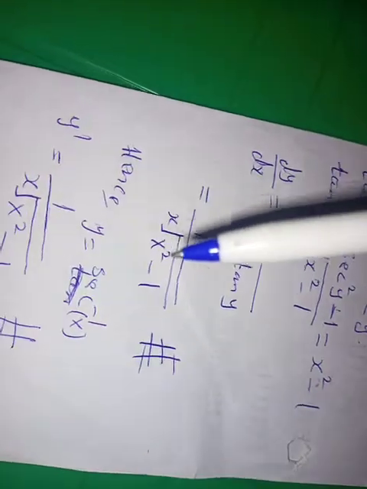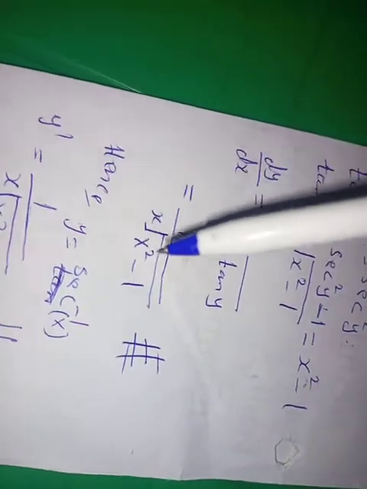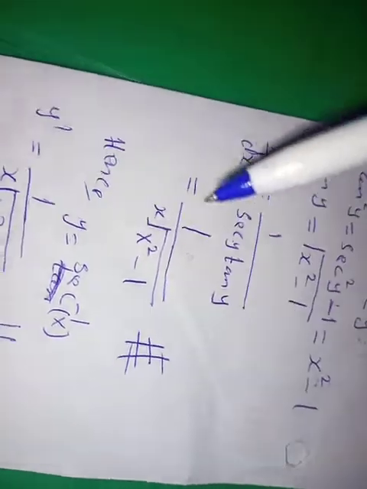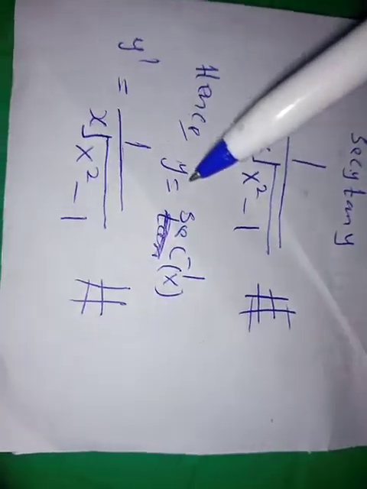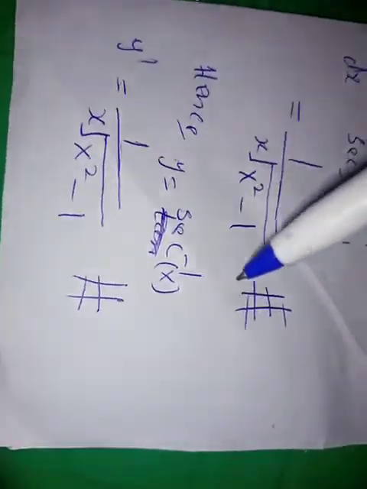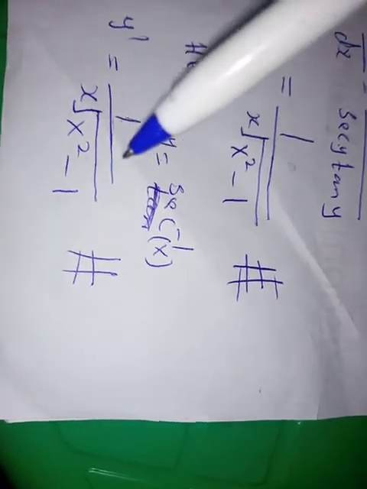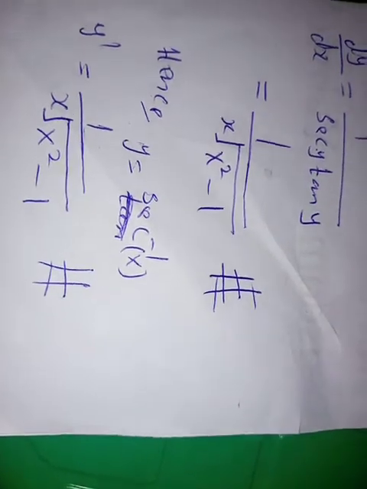So we substitute it here. That is it. So it means that the derivative of the function y equals sec inverse x is 1 over x times the square root of x squared minus 1.